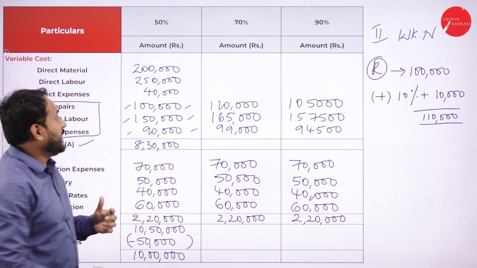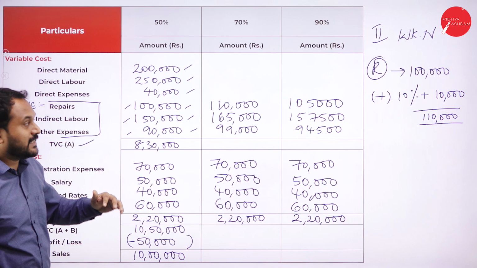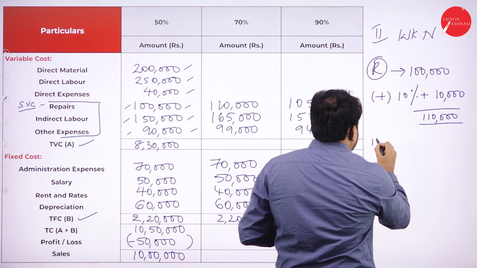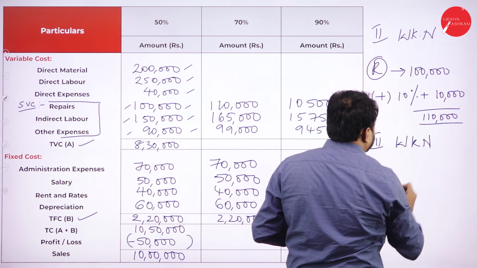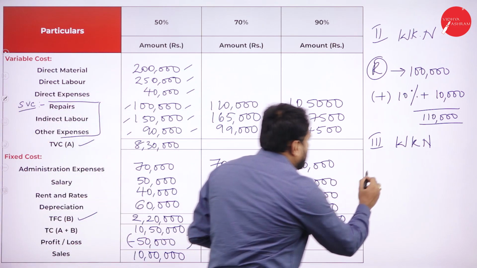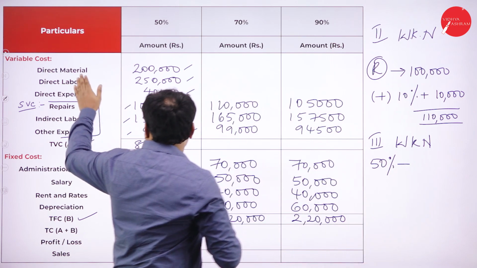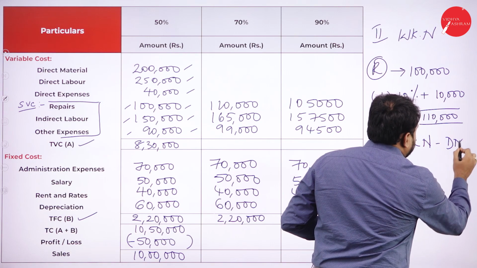Now how to calculate these things? I'll tell you here. Now this is the third working note which I'll be explaining to you. Now how the third working note happens here is we need to say that 50%. What is the direct material here? We will go with the working note for direct material.